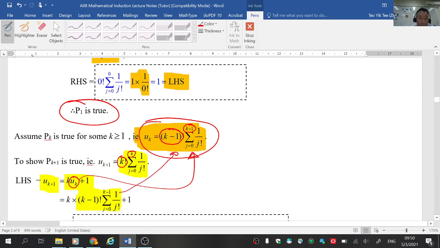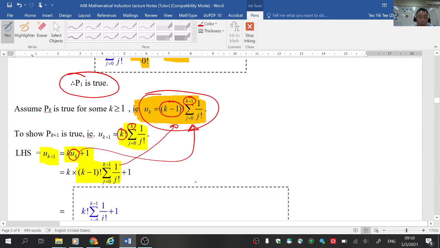What you do need to do next is, of course, combine and simplify. And take note, where is my end objective? This is my end objective. Work towards this goal. So of course, simplify. First thing, combine. k multiplied by (k minus 1) factorial is actually equivalent to k factorial.